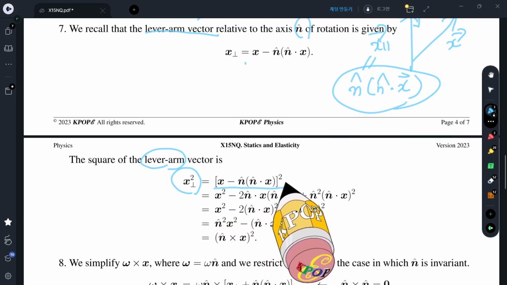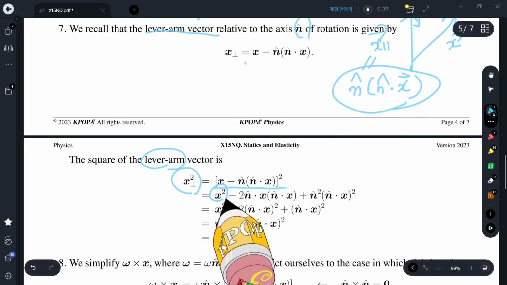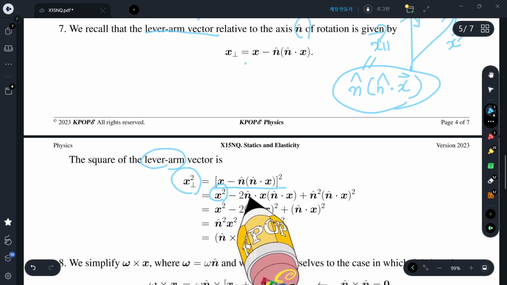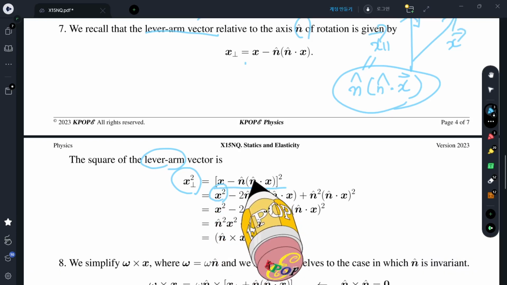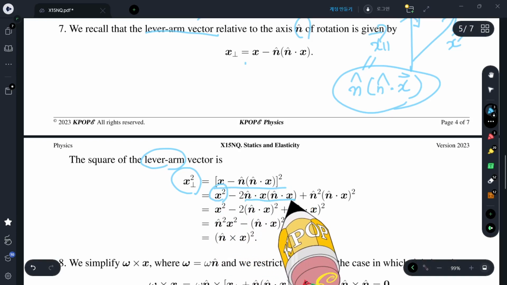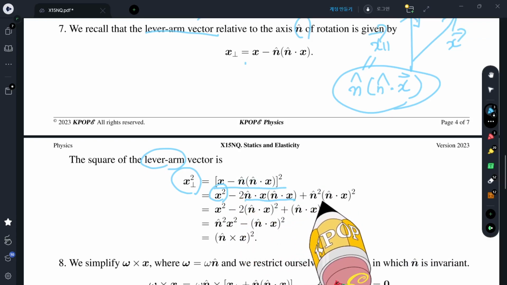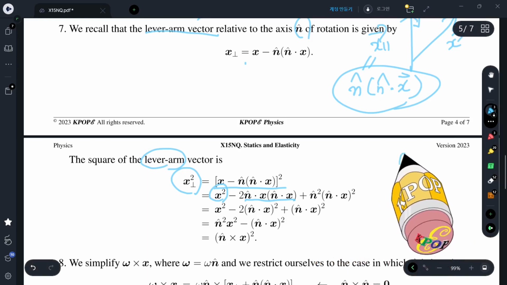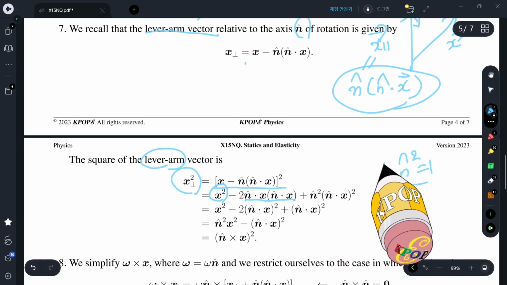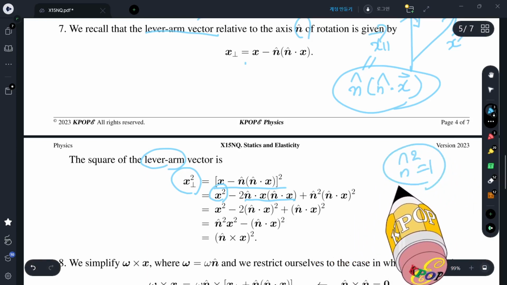So we square this and expand: x squared minus 2 times n hat dot x, times n hat dot x, so it is n hat dot x squared, and if I square n, n squared. However, n squared equals 1 because it is a unit vector.